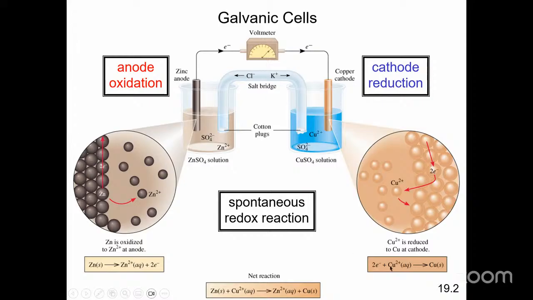As we said, the copper 2+ ions in the aqueous solution will undergo reduction by gaining 2 electrons to form copper solid, right? And this is true for all galvanic cells and actually true for all electrolytic cells as well. We're going to meet those later on. And you need to remember this. At the anode, oxidation takes place, and at the cathode, reduction takes place, all right?